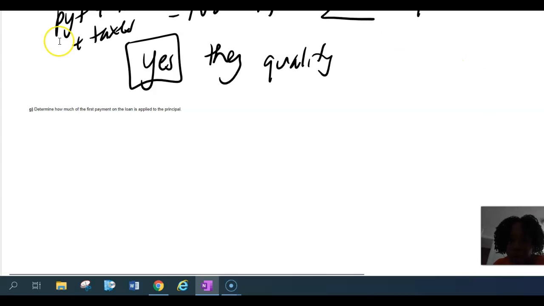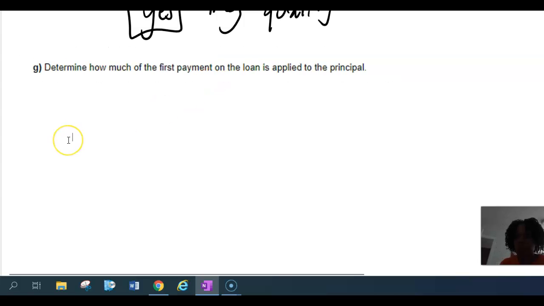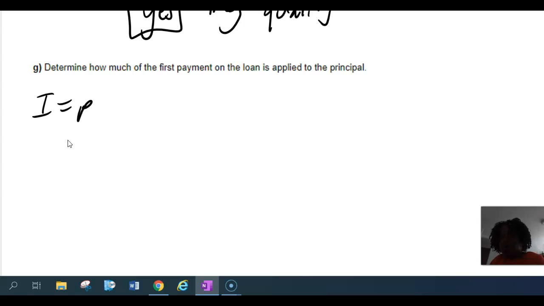And then the last part, determine how much of this first payment is going to actually go to the principal. All right. And so if we want to do that, we're going to have to do a couple of things. We're going to have to use the simple interest formula, which is I equals PRT.